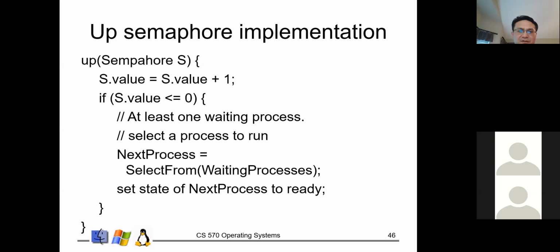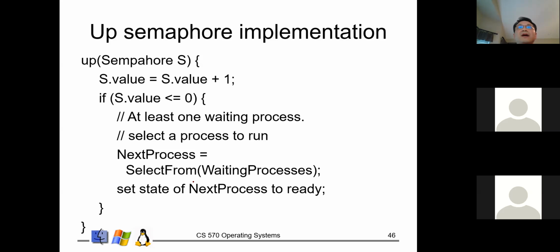If after incrementing the semaphore value, that value is still less than or equal to 0, that means you have some processes or threads that are actually waiting for the semaphore. So in that case, you would bring one thread or process from that wait queue and bring it back to ready. Okay? You guys understand what I'm talking about? Yeah. Okay. All right, cool.